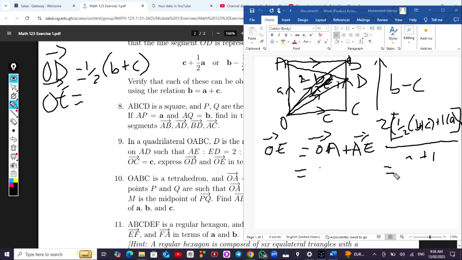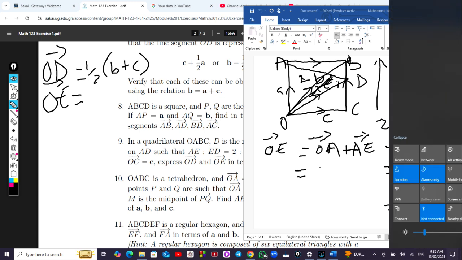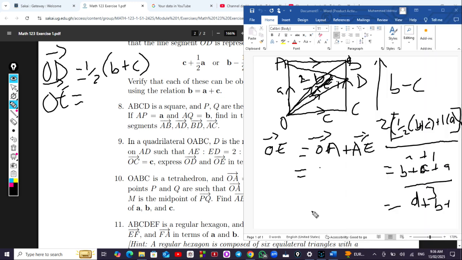So 2 multiplying half will give us 1. So it's the same as 1 times B plus C, plus 1 multiplying A, all over 3. So this will give us A plus B plus C all over 3.